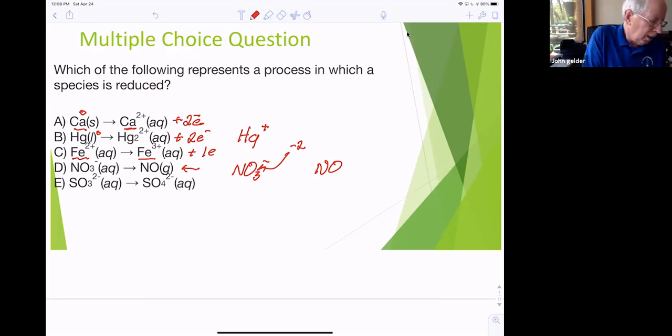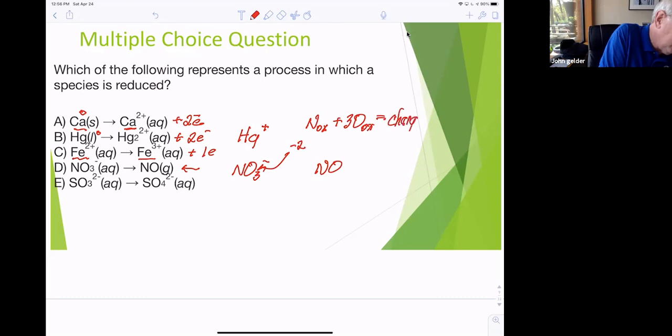And so when we look at the sum of the oxidation numbers for nitrogen plus the oxygens, we've got 3 oxygens. They have to equal the total charge on the ion.